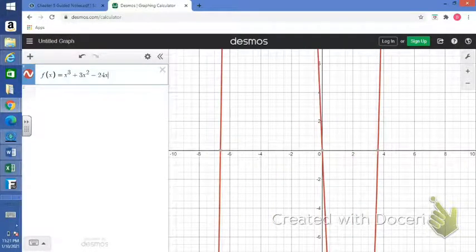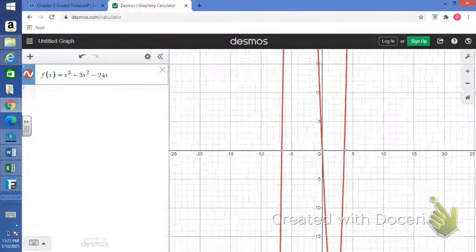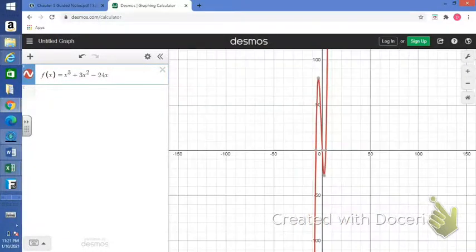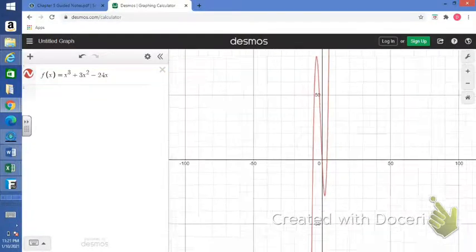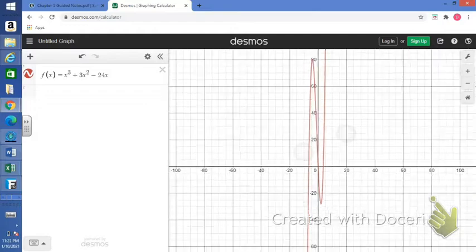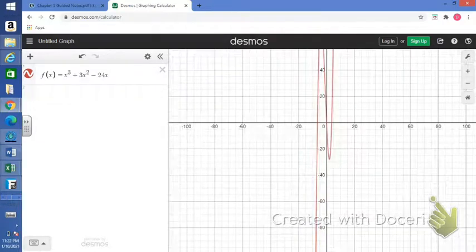Okay, and we're going to have to zoom out a little bit to get the full picture. Alright, so there you have it, and then you can use your finger if you have a touch screen.